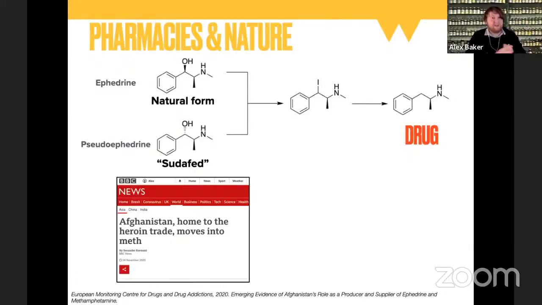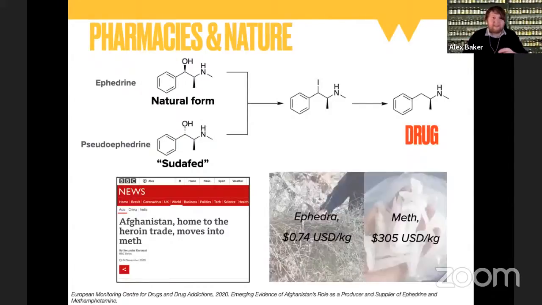And that's the one that when you put through the Nagai process, gives you the drug methamphetamine. And this means that in Afghanistan, you can take this weed for about 74 US cents, and you can turn it into crystal meth that's worth 305 US dollars a kilo before you even consider exporting it. And it's thought that this rediscovery of a reliable ephedrine source in Afghanistan will dramatically affect drug abuse and drug use around the world.